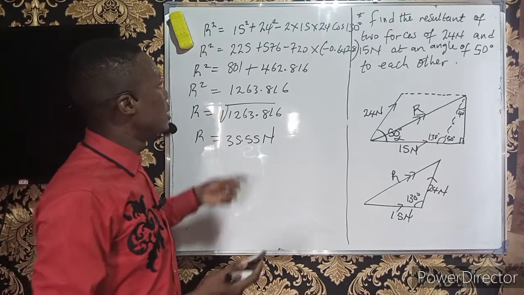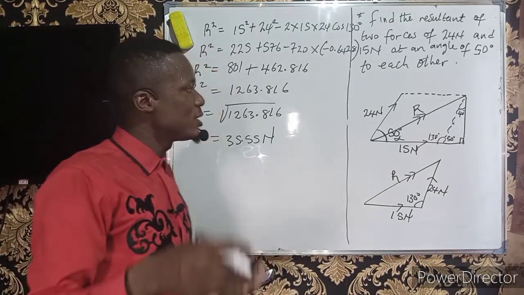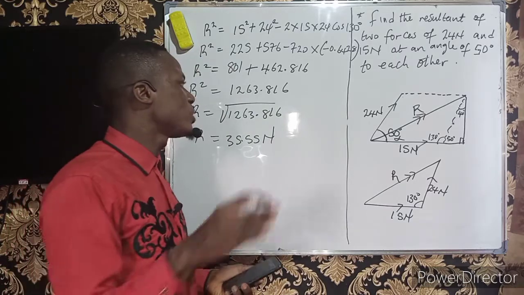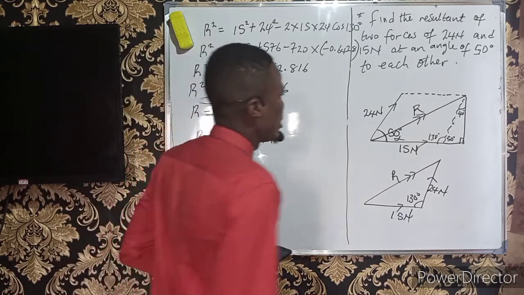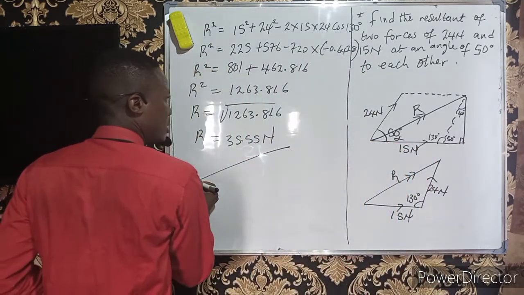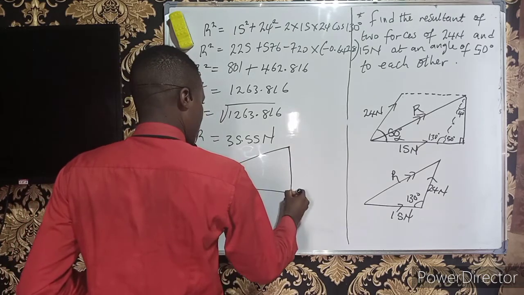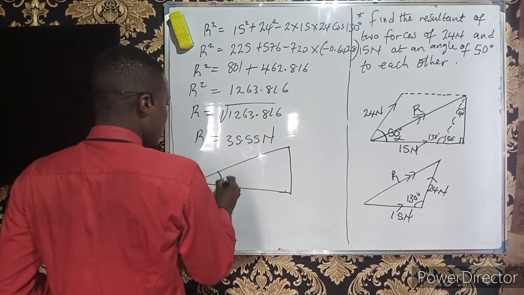Okay. Now, because this is a vector, we cannot only stop at getting the resultant force, we still need to get the angle, the direction of the resultant force. And to get it, look at this triangle here. If I get the complete triangle like this, this is what I'm having. And the angle here is just alpha.